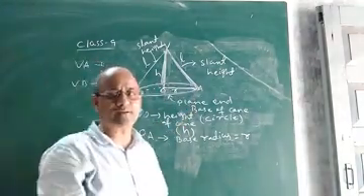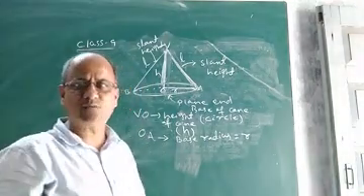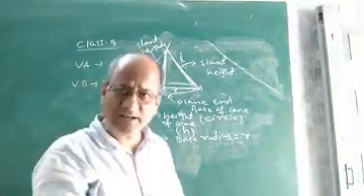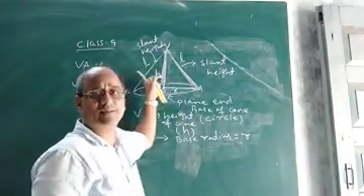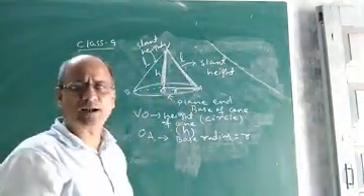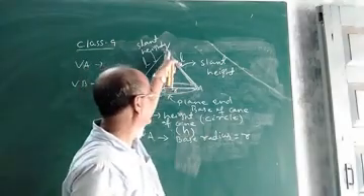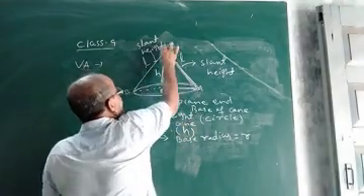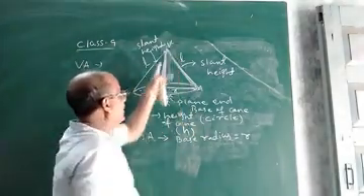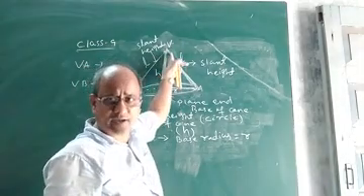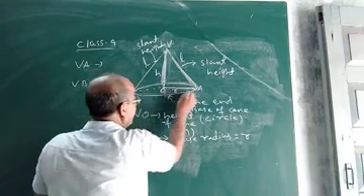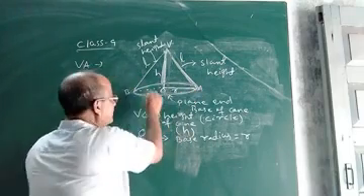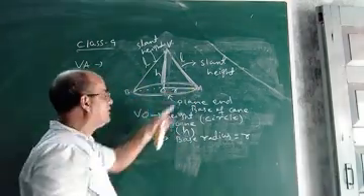So in a cone, how many heights are there, children? There are two heights: one is the height and the other is the slant height. This is the height and these two are slant heights of the cone. So what is slant height? This is the vertex V. This circular end is the base of the cone.